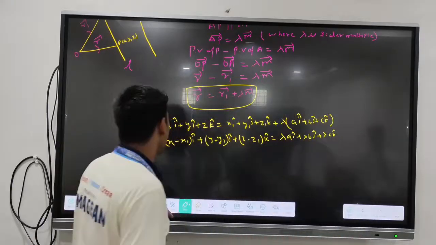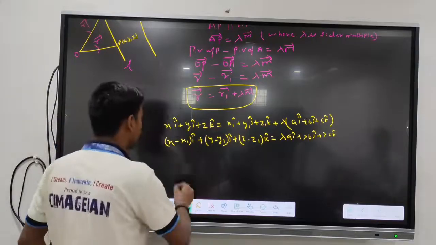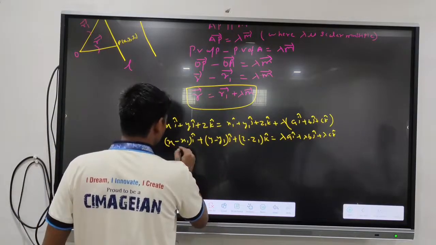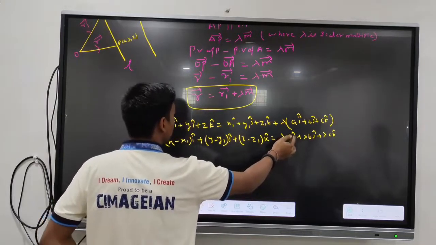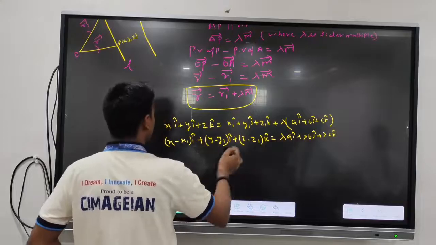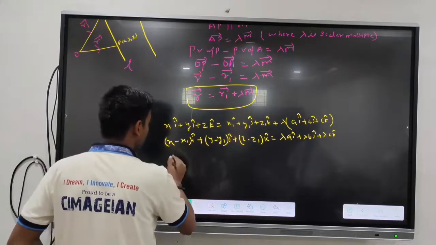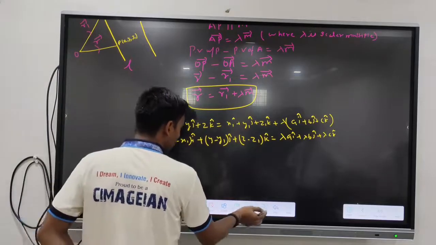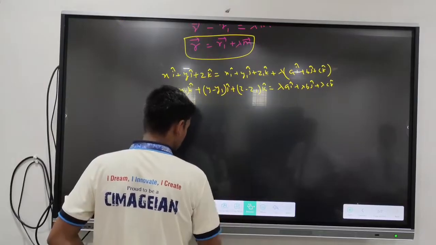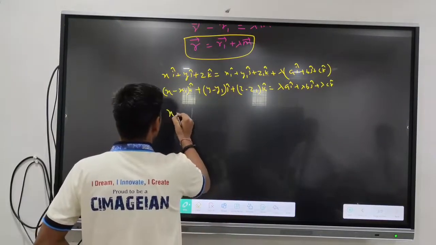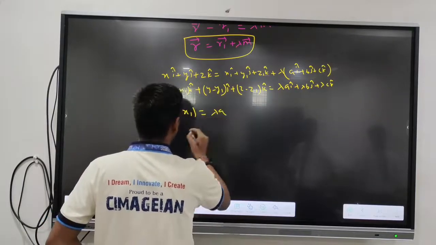Now equating both sides in i, j and k coefficients. On the left side the coefficient of i is x minus x1, and on the right side the coefficient of i is lambda a. So equating both of them, x minus x1 is equal to lambda a.